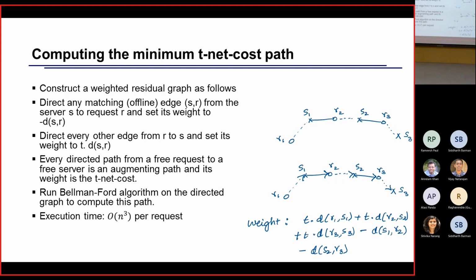So the overall weight of this path will simply be T times the weight of all the edges that are not in the matching, minus the weight of the edges that are in the matching. So once we have this graph, you can run the Bellman-Ford algorithm to compute the shortest path from the newly arriving request. Just by running Bellman-Ford, we can compute this path. Of course, the execution time becomes infinite.